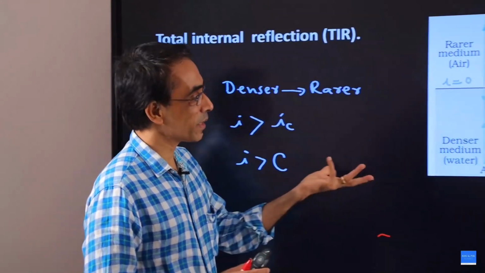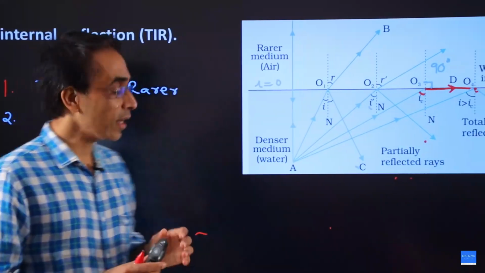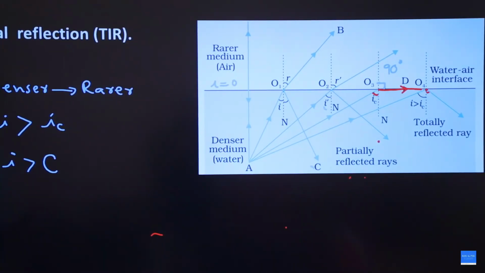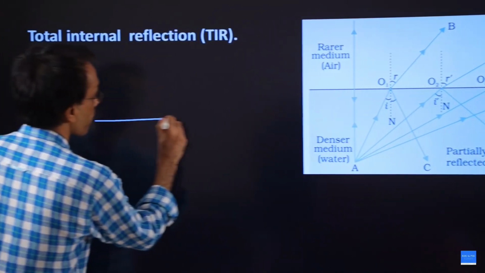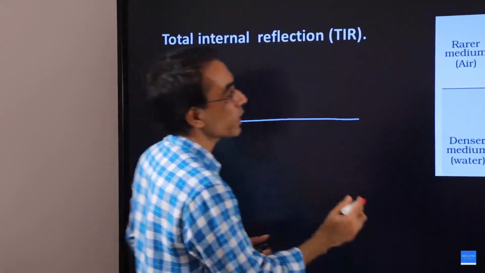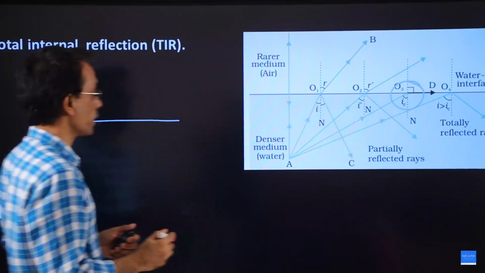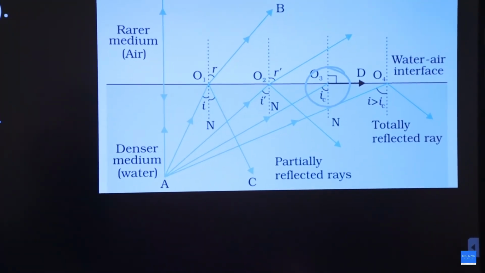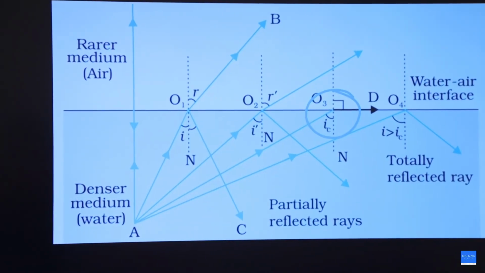Clear? So I said about internal reflection and total internal reflection. Now I have to tell you what is the meaning of critical angle. See this, what is critical angle? Watch this diagram. I am talking about case number 3 here. In case number 3, you see the normal here, and you see this is the incident light ray.